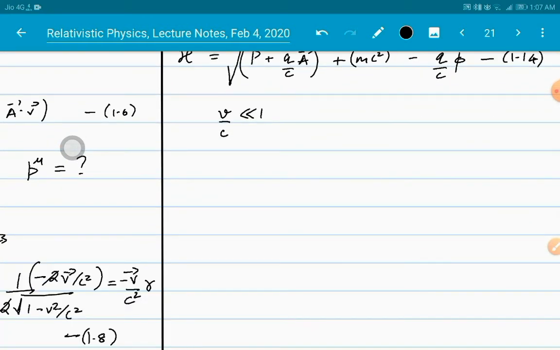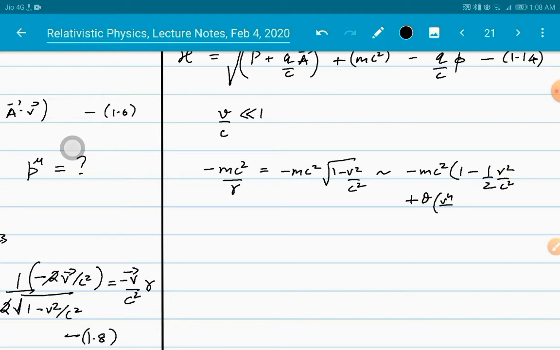So once again, in the Lagrangian we have the term minus mc square root of 1 minus v square by c square. So in the non-relativistic limit, this expression can be Taylor expanded as 1 minus 1 half v square by c square plus order v^4 by c^4 terms and more. And so this becomes minus mc square plus 1 half mv square plus higher order terms.